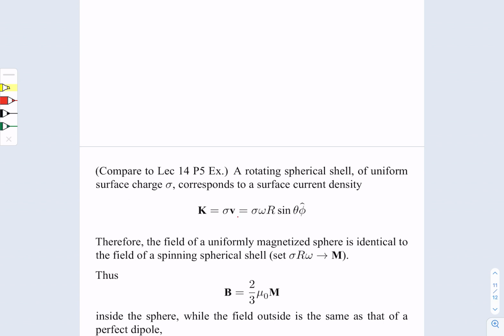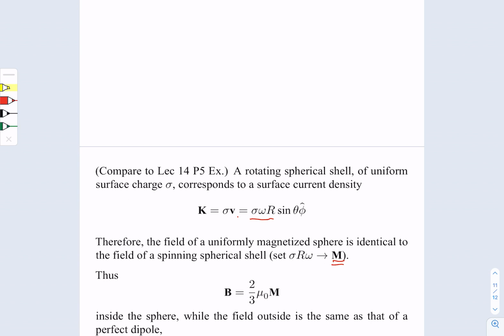Now if you express the v as omega r times sine theta, you can get a one-to-one correspondence by replacing sigma omega r with the magnetization vector M. So everything we have calculated for a rotating charged spherical shell can directly apply here.